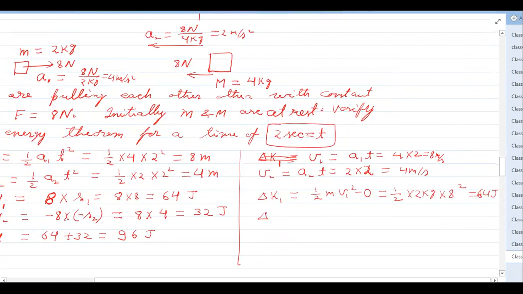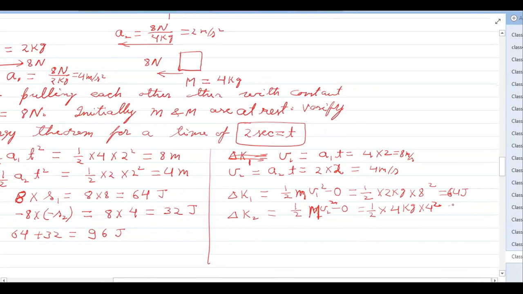And similarly for the second one, half M v2 square minus 0. So half into mass, this was small m and this is capital M. Capital M is 4 kg into v2, which is 4 meter per second. So we will have 32 joule.